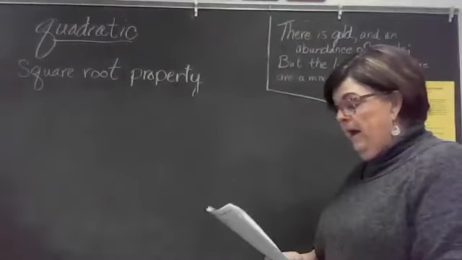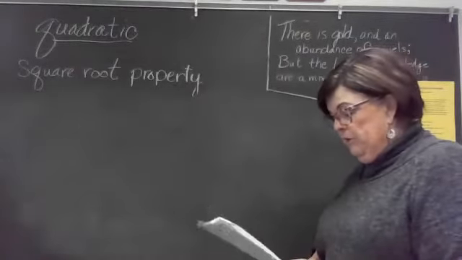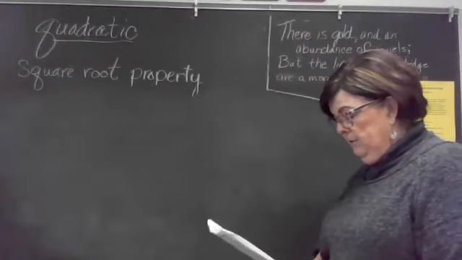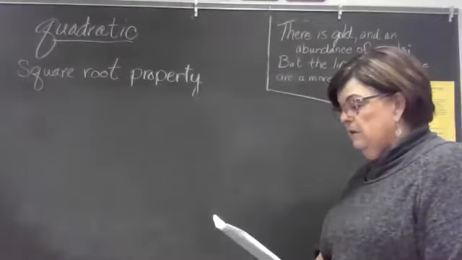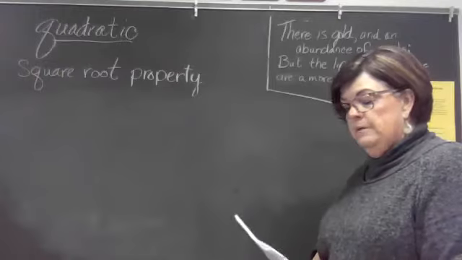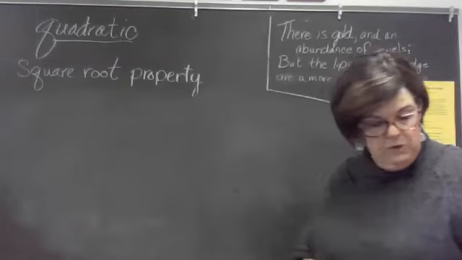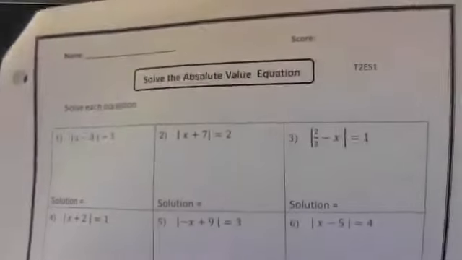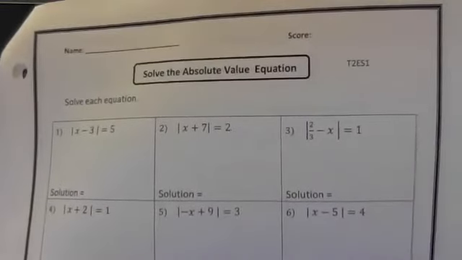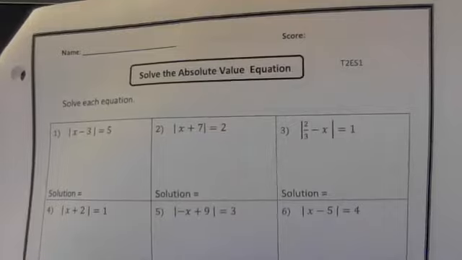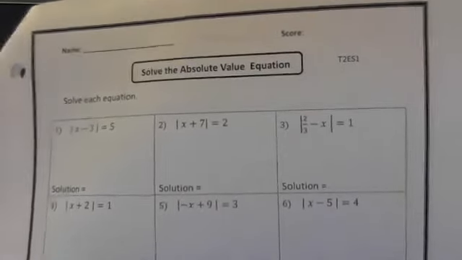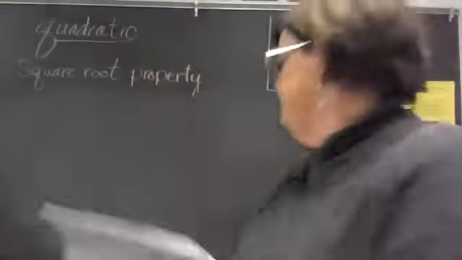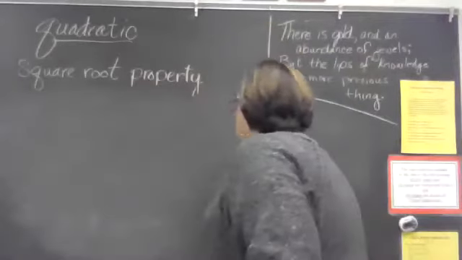All right, now we're going to solve equations. I want to see if they threw anything in here. All right, we're on this page now, and we're going to solve absolute value equations. Before we do number 1, I want to remind you what we did at the very first.